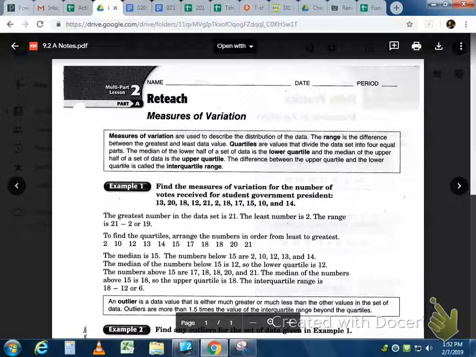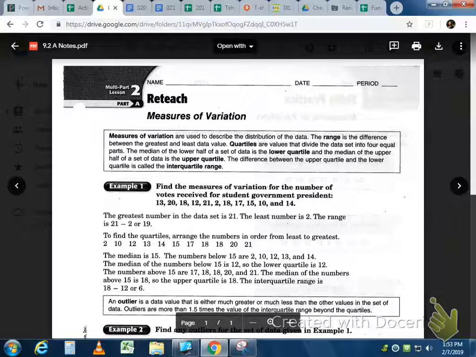There's a range within that as well. So the upper quartile minus the lower quartile is something called an interquartile range. I'll tell you what that all stands for in just a minute. So measures of variation are taking a list of numbers, finding these important parts, putting them on a graph, and making something called a box and whisker plot.